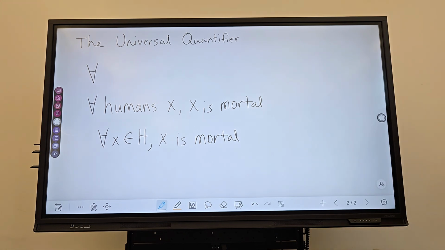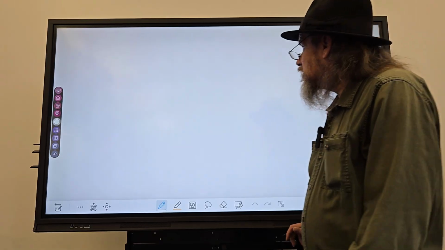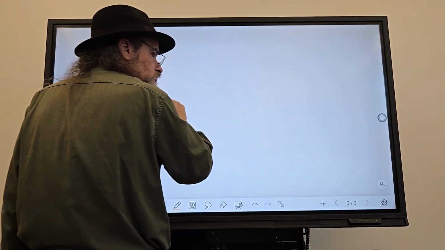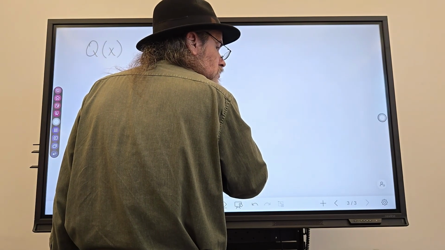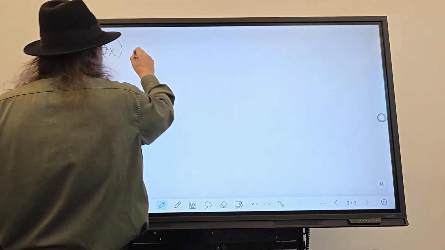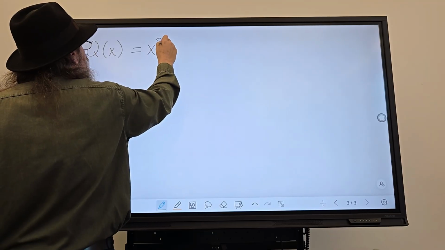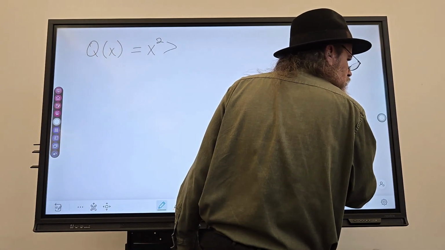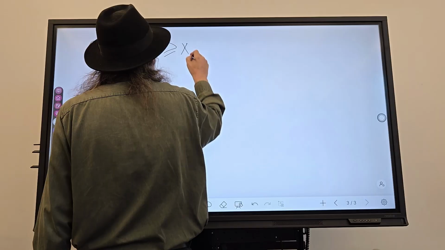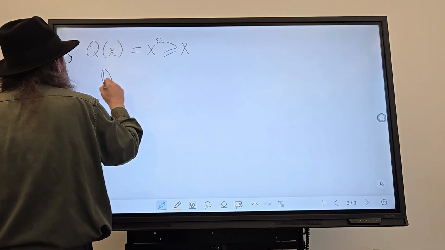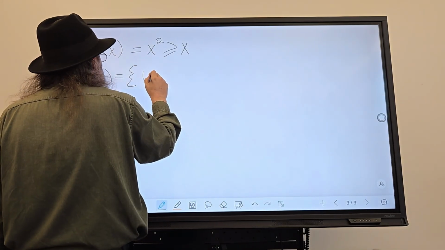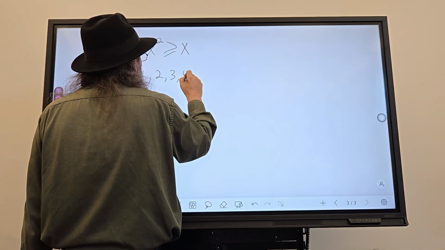So consider Q of x is x squared is greater than or equal to x, and D is 1, 2, 3, 4, 5.